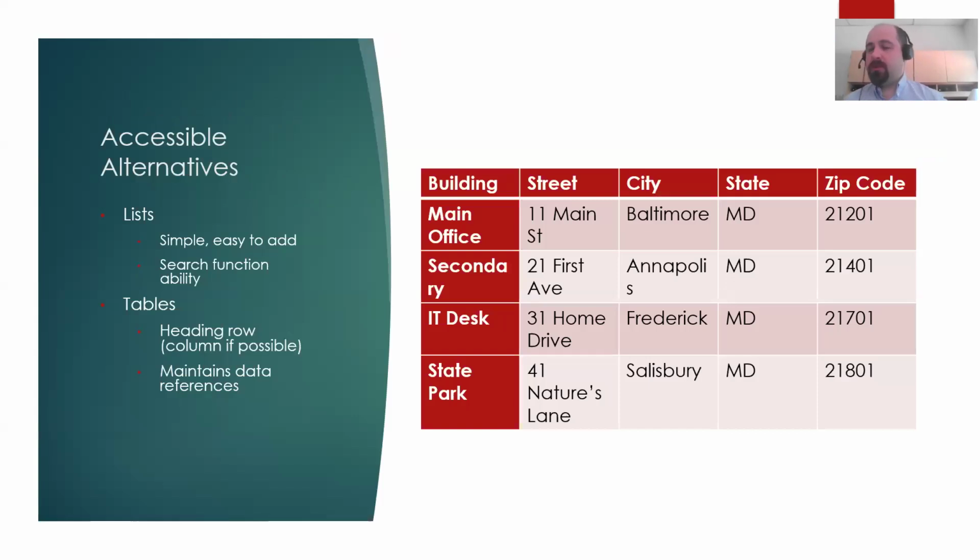Now, accessible alternatives is really the meat of this presentation, because, as I mentioned, maps are difficult to make accessible because they're A, inherently visual, B, they're complex. So sometimes it just comes down to, we need to have an alternative method for users to get this information.